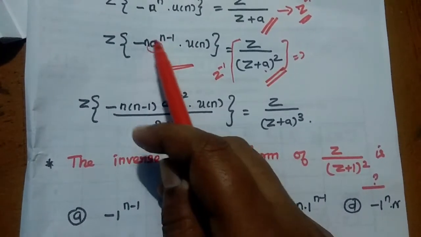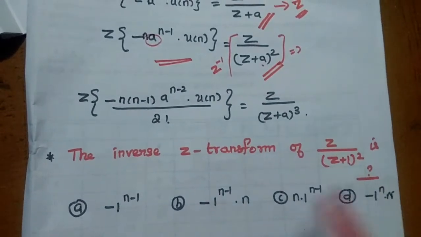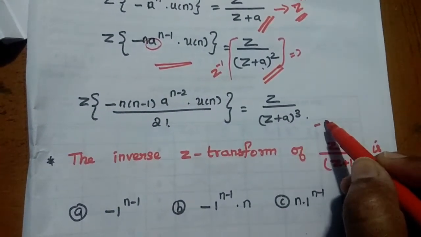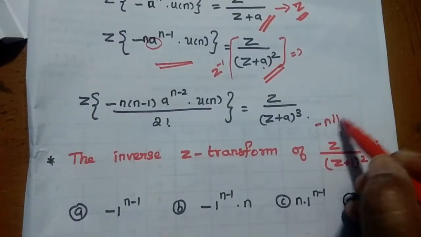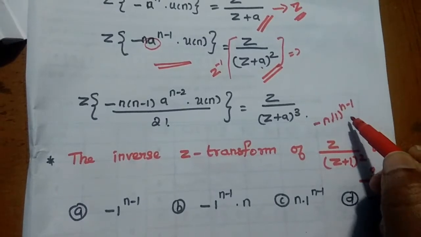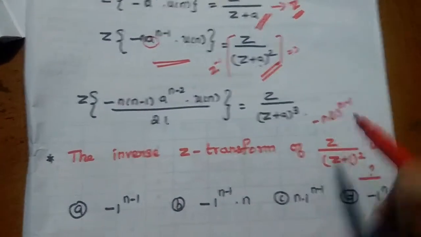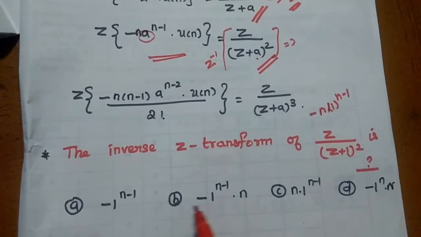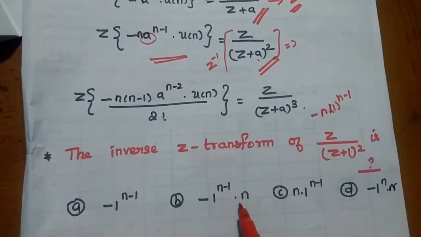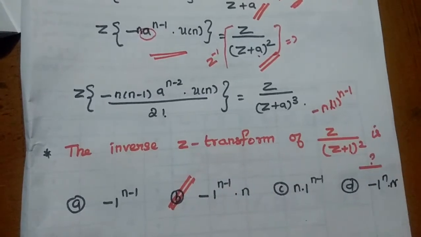Instead of a, here we are having 1, so we can write the answer like this: minus n into 1 power n minus 1. Correct? The answer is looking like this: minus 1 power n minus 1 into n. So B is the answer.